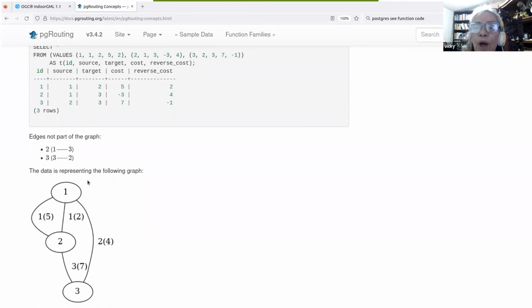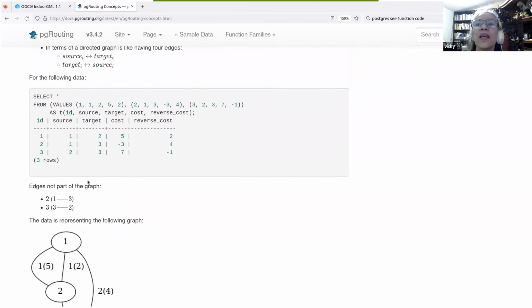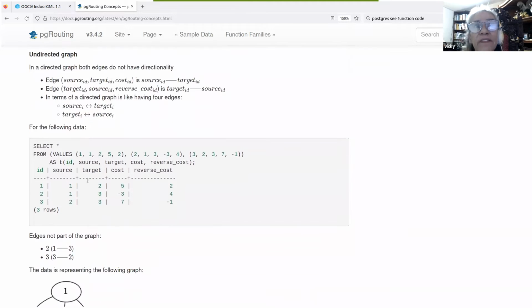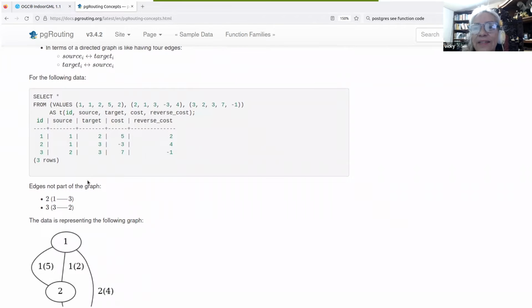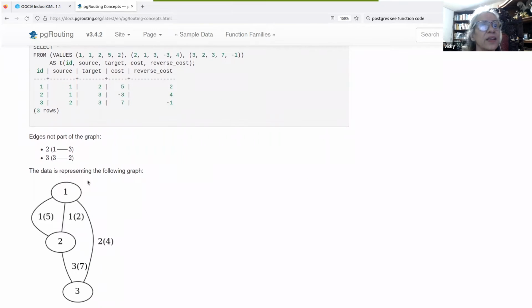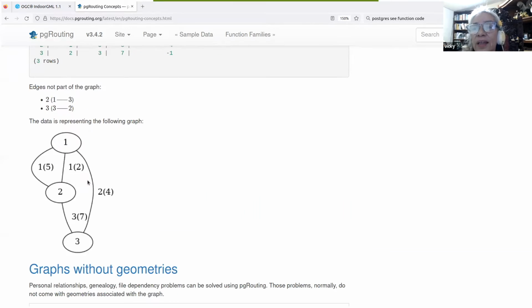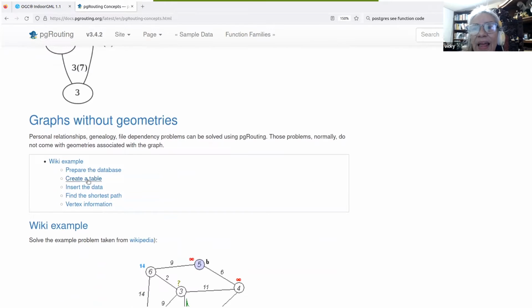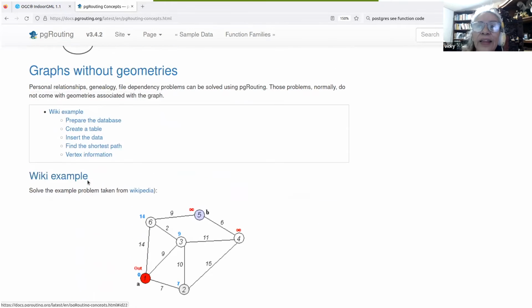And one thing that we should be looking at is that the graph does not have geometries. Up to this exercise, we haven't seen a single geometry. And that's when we're going to start doing this example.